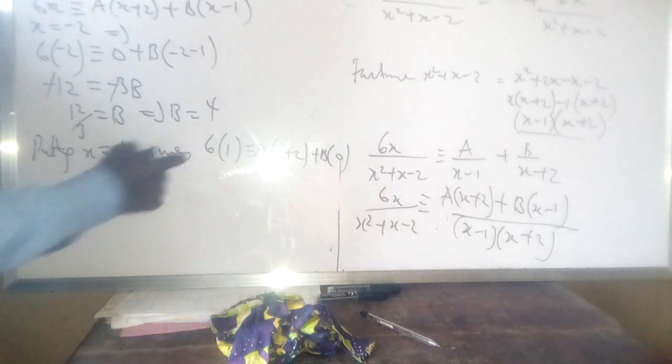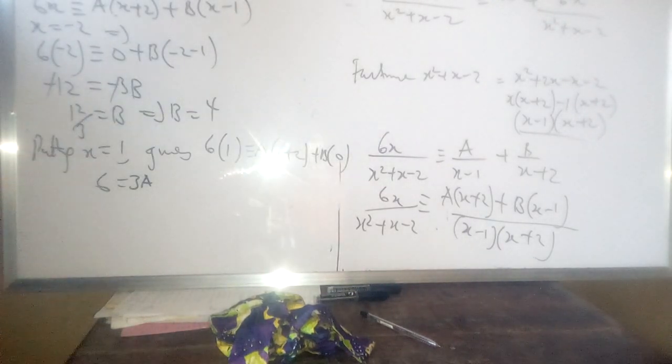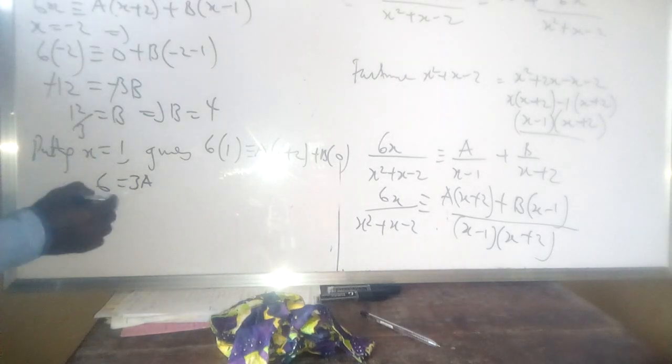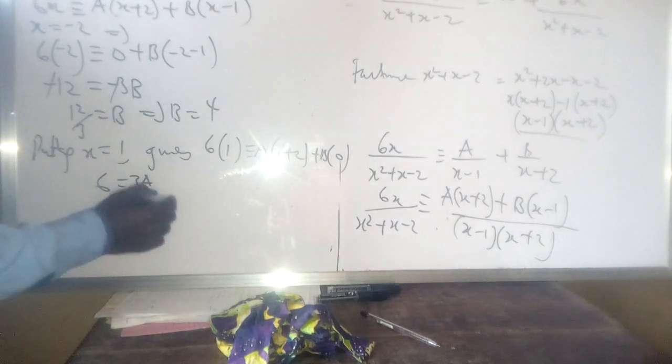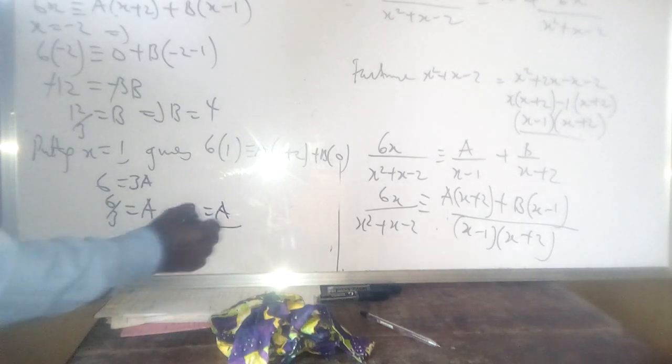So 6 times 1 is 6, equal to 3A plus 0. Divide both sides by 3: 6 over 3 is equal to A, so A is equal to 2.